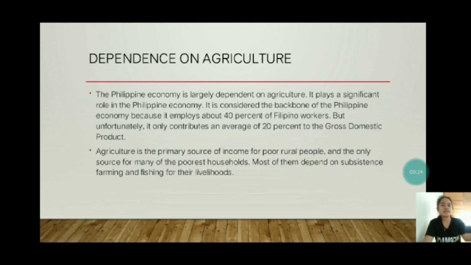But unfortunately, it only contributes an average of 20% to the gross domestic product. Agriculture is the primary source of income for poor rural people and the only source for many of the poorest households. Most of them depend on subsistence farming and fishing for their livelihoods.